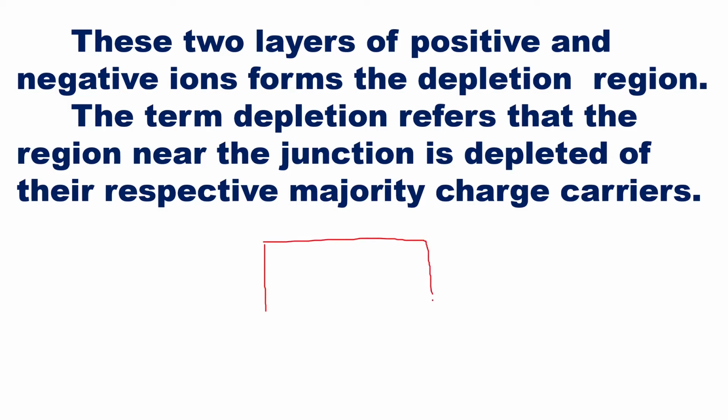So again, if you draw the same p-n junction structure, you can see that when you join p-type material with n-type material, in p-type you have holes as majority charge carriers, and in n-type you have electrons as majority charge carriers. We have told in steps 1, 2, 3 that electrons from the n side will diffuse into the p-type semiconductor, and holes from the p-type will diffuse into the n-type semiconductor, and the absent places of these majority charge carriers will become ions which are immobile.